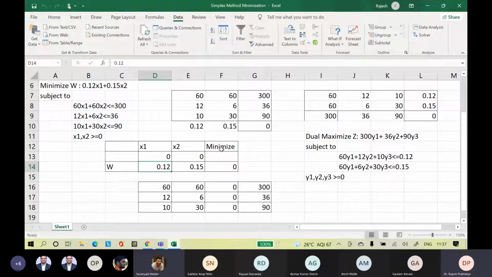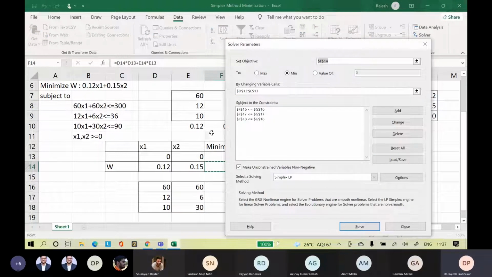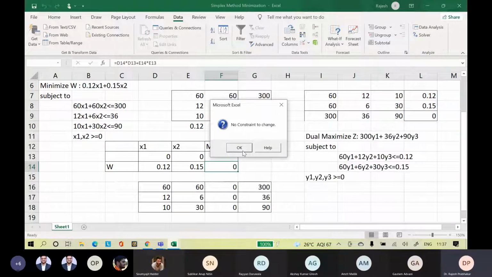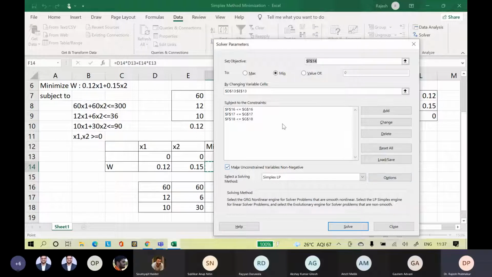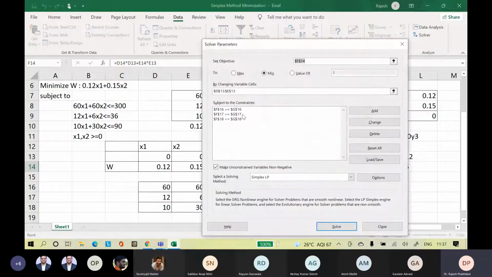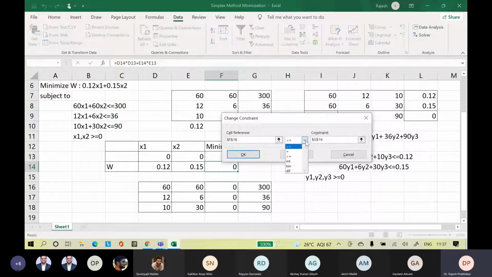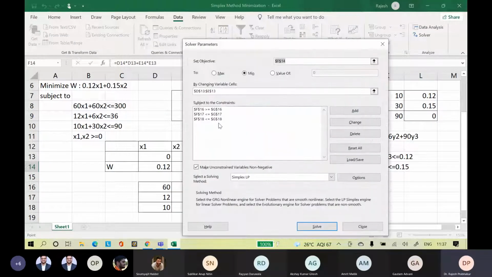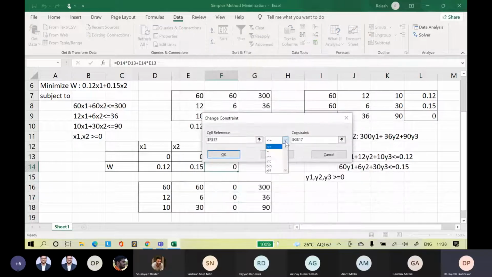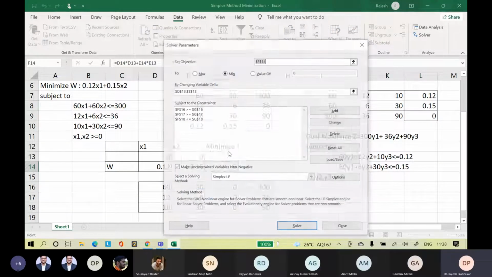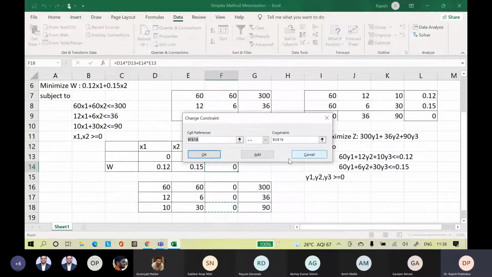Sir, actually in minimization, the constraint should be greater than equal to. Okay. You got the output with less than equal to? Yes, sir. One second. Change the constraint. So select and change to greater than equal to.